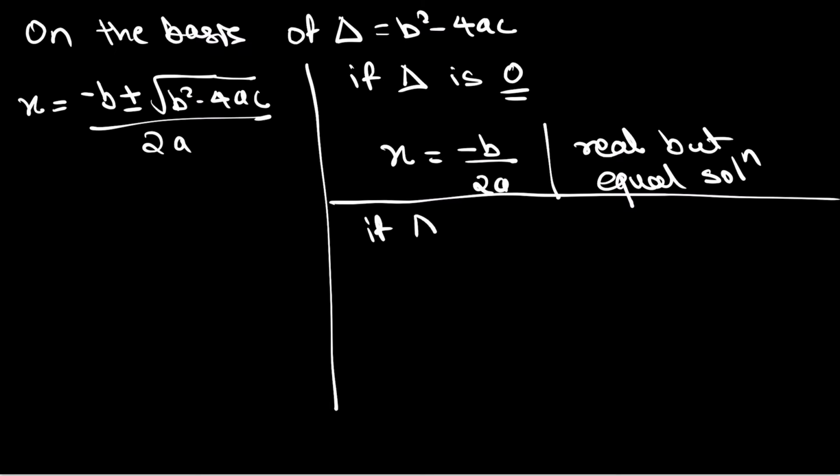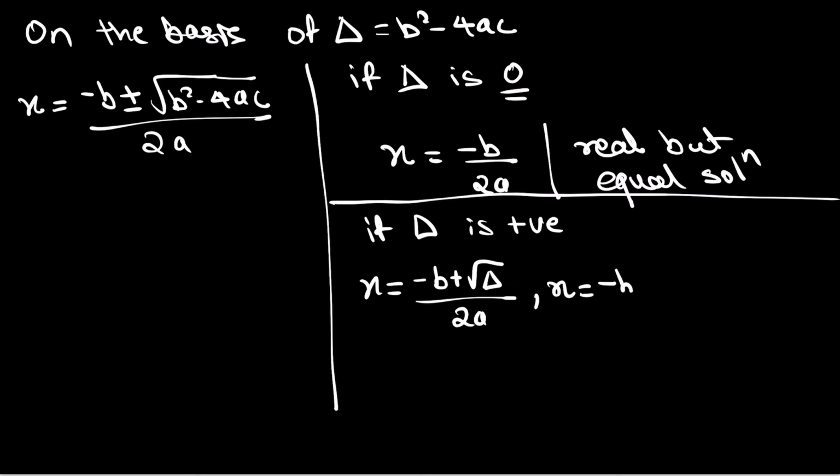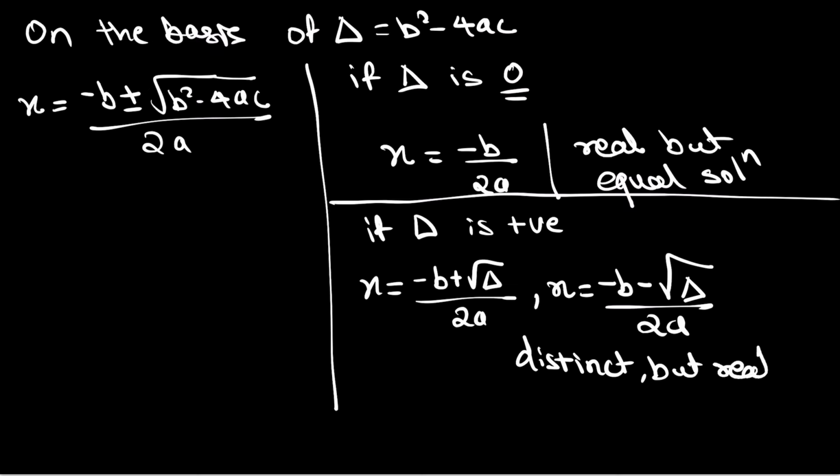If my delta is positive, then my x is minus b plus root delta by 2a, and x is minus b minus root delta by 2a. Here we have distinct, because these two are different numbers, but real solutions.